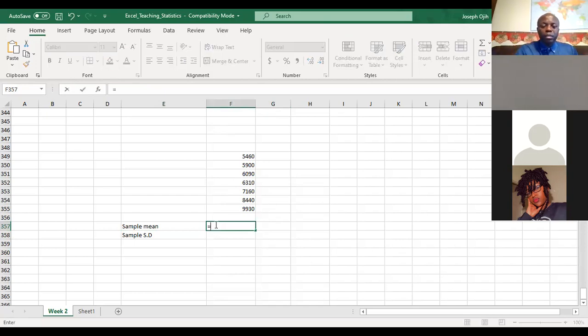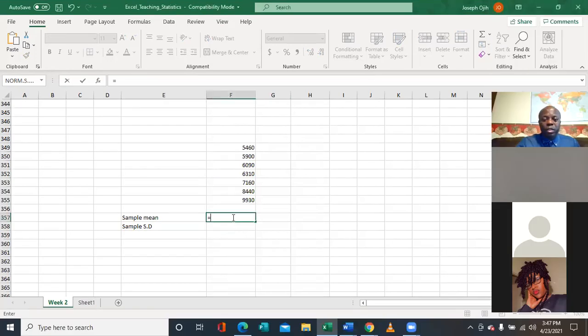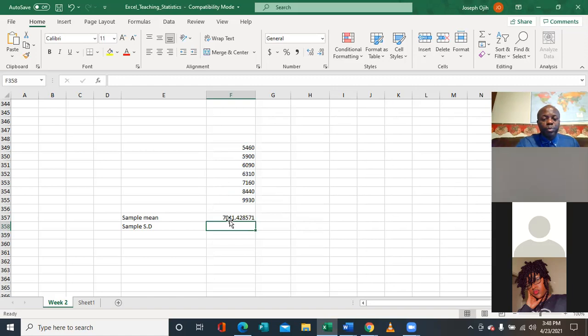Like I showed you at the beginning of this semester, to calculate the mean using Excel, I put the equal sign, then type AVERAGE, double click, and highlight the data. The sample mean is 7041.43 if you round it up.